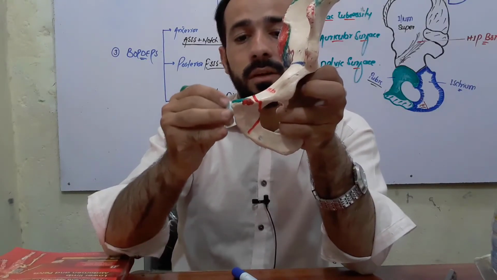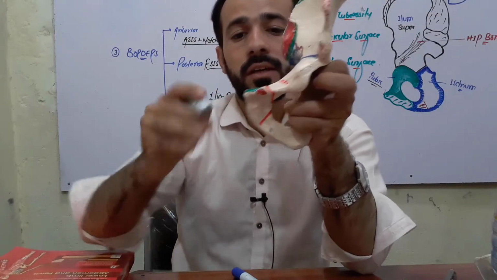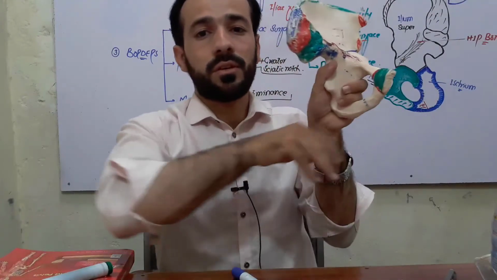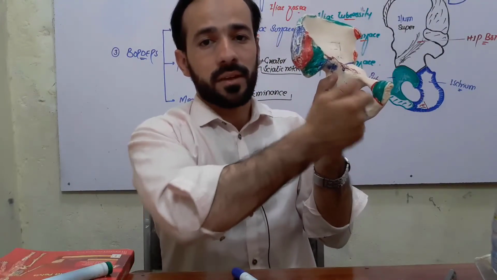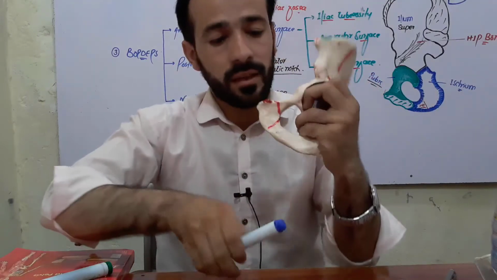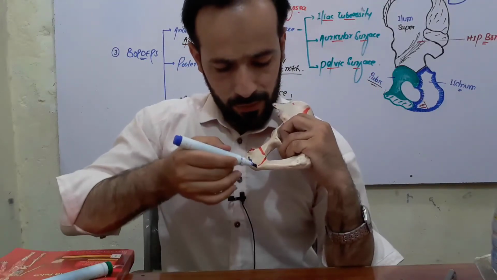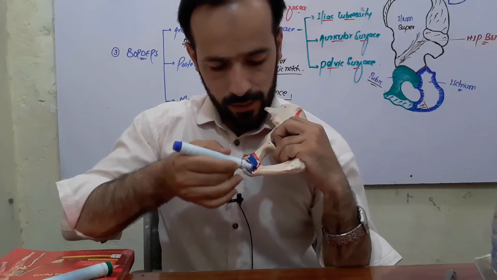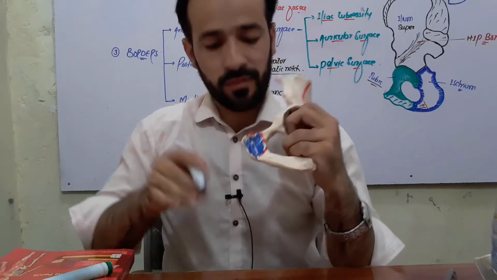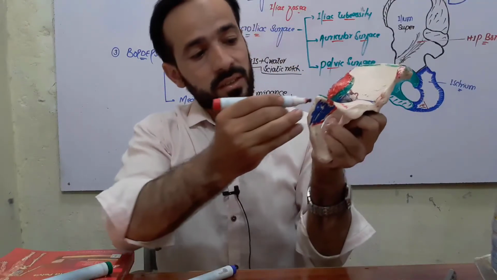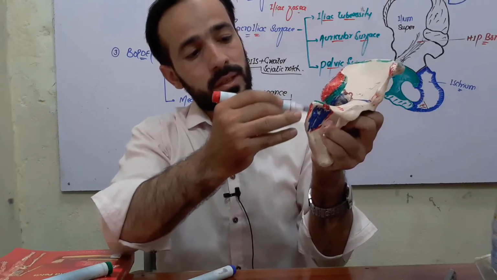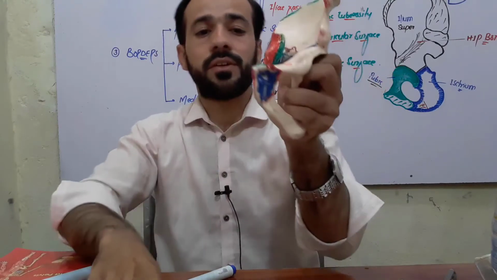This, which I'm coloring with green color, is the posterior surface or the pelvic surface. Then there is an anterior surface, and then there is a medial surface.